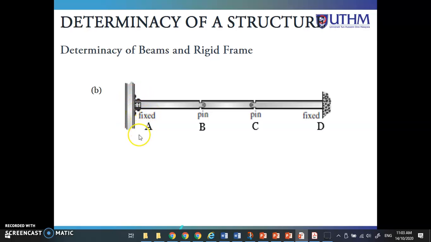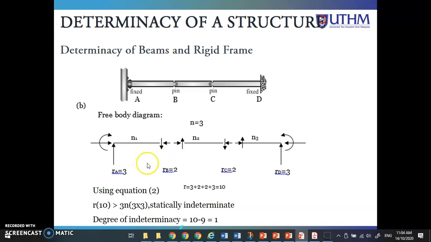So fixed have 3 reaction at A. Pin at B will have 2 reaction. Pin at C will have 2 reaction. And fixed at D will have 3 reaction. Okay, so fixed kat sini akan ada 3 reaction. Pin kat sini akan jadi 2 reaction. C pin 2 reaction. Dan juga fixed kat sini akan ada 3 reaction.